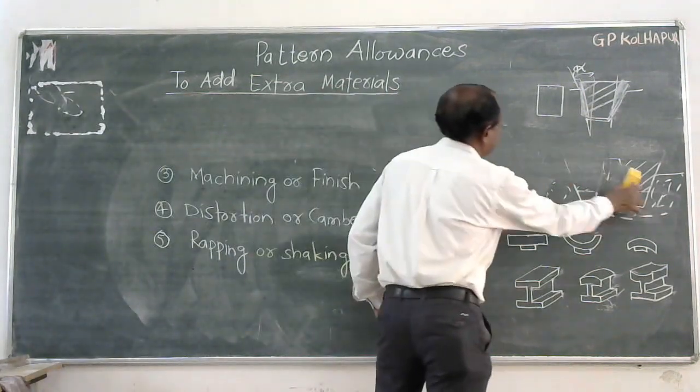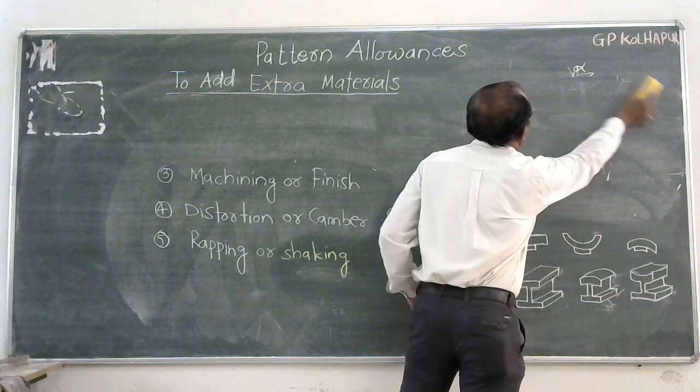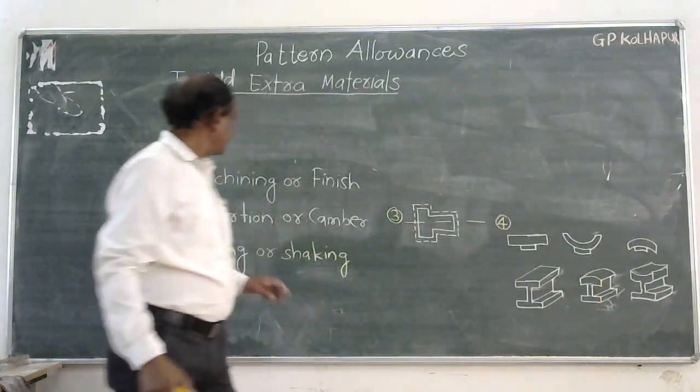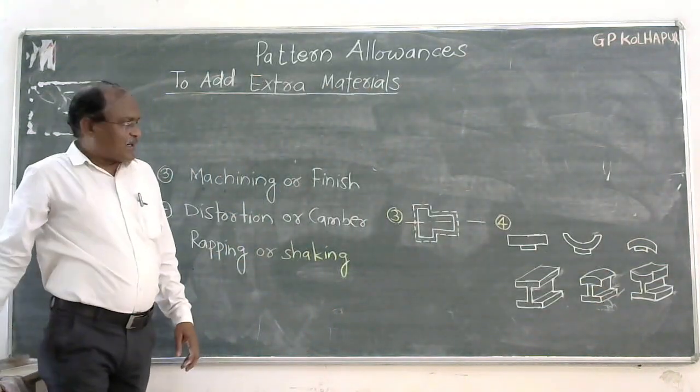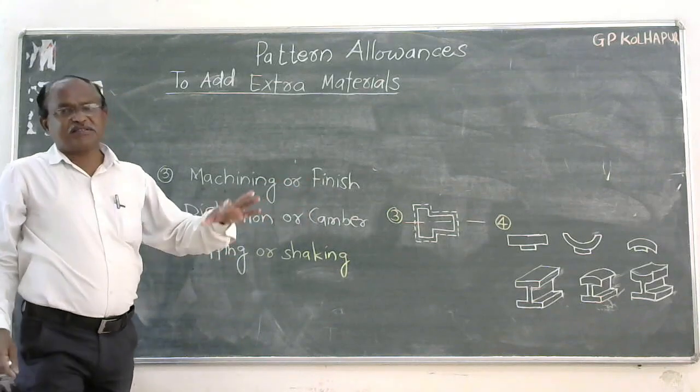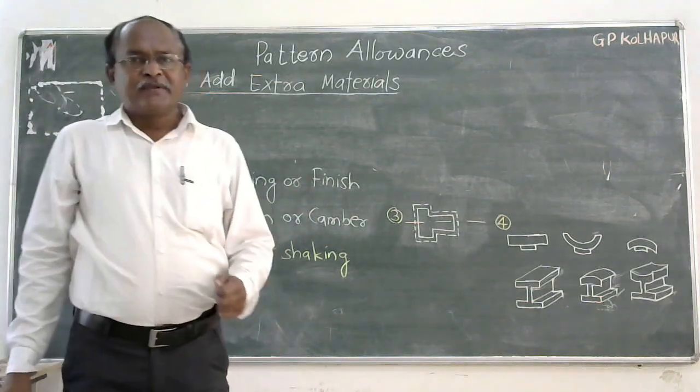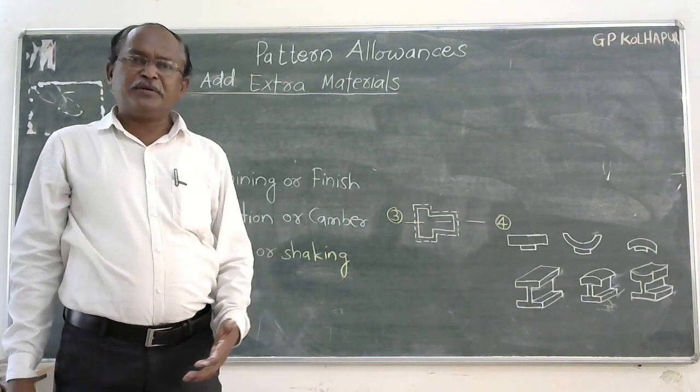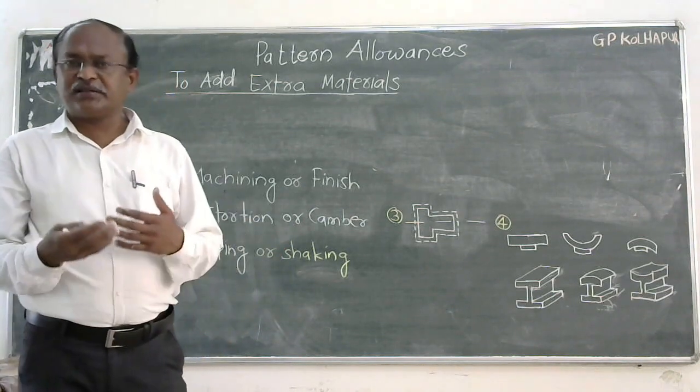Now, third one is machining or finishing allowance. Cast patterns don't possess that much surface finish, so you are required to machine it. Why are you going to machine it?